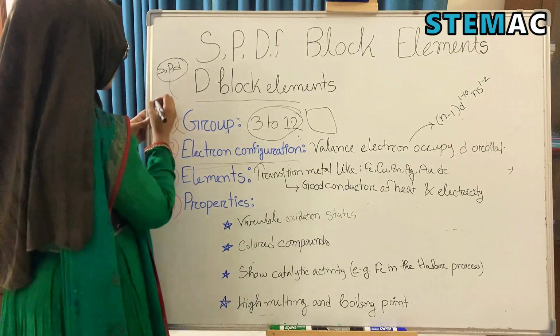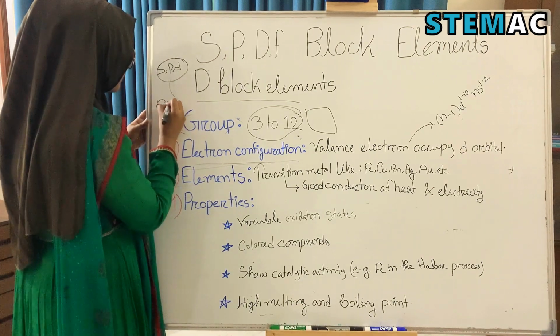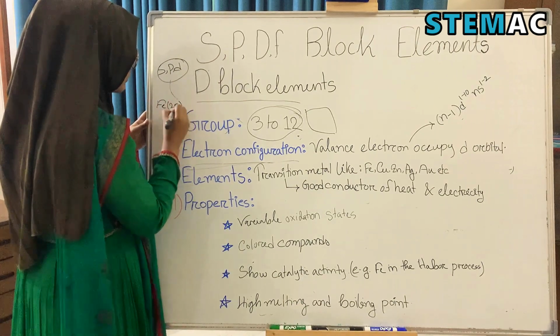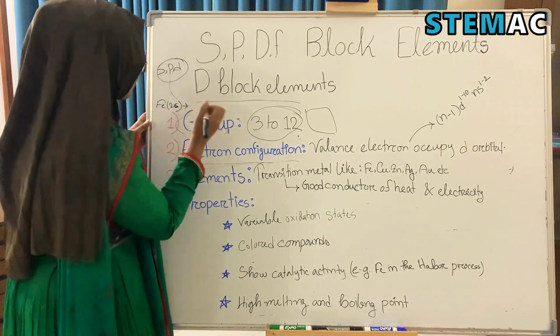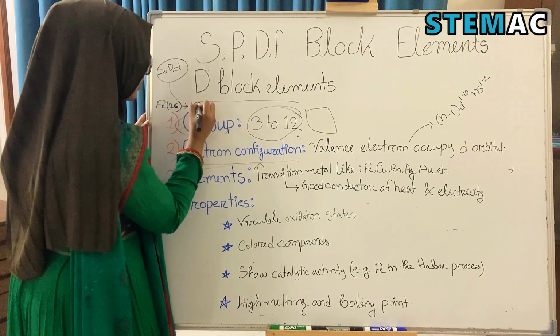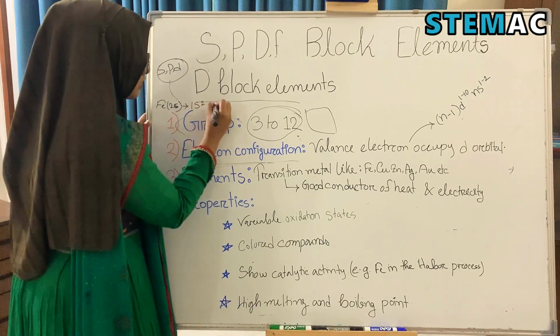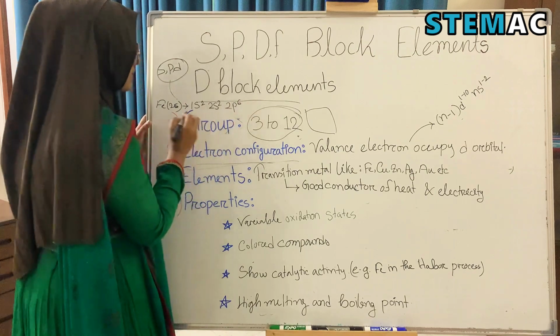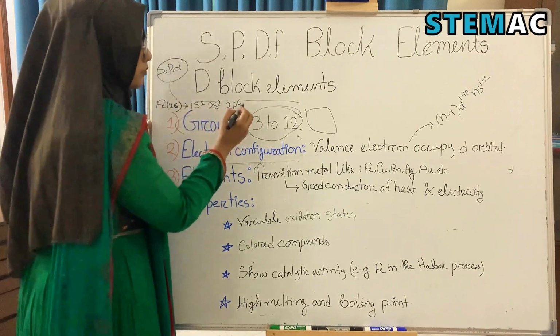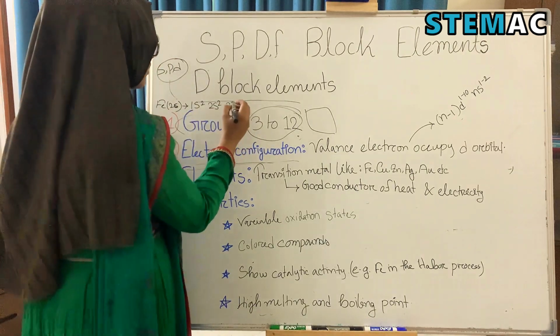For example, iron, which is 26, has 1s2, 2s2, 2p6. Since it has more electrons, the p blocks are all completed.